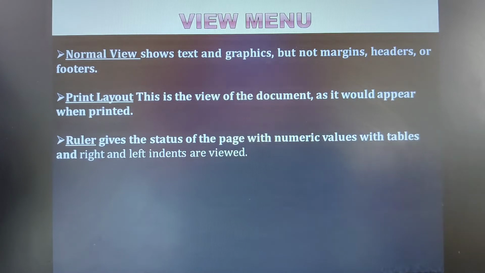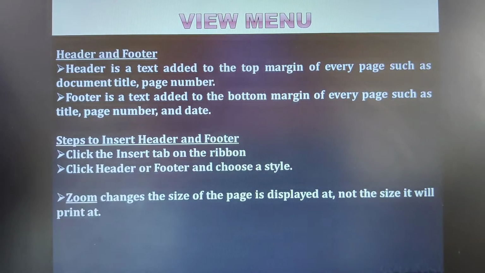And the ruler, we know already, gives you the status of the page with numeric values, where you can adjust the left and right indents. Apart from that, under the view menu, we even have the header and footer. Just as we added them in word processing, the same way you can add the header too, and always remember the header appears on the top margin of every page, where you can add the title, the document name, which department it belongs to, all that content.